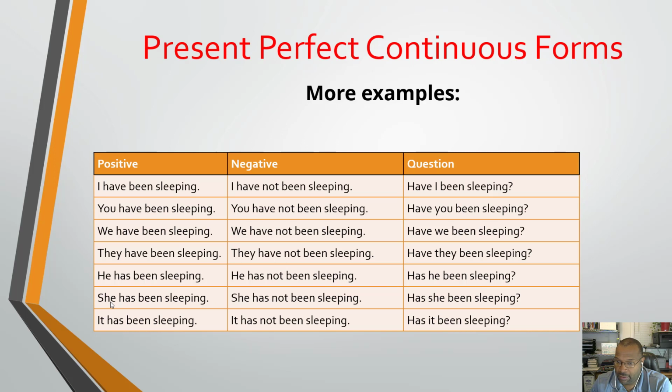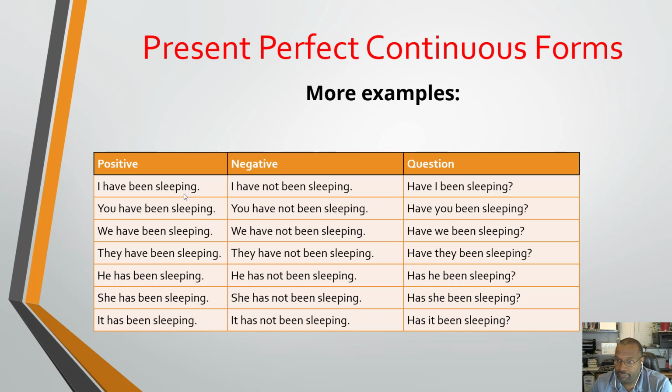Positive statement. She has been sleeping. Negative statement. She has not been sleeping. Question. Has she been sleeping? And then the last one, positive statement. It has been sleeping. Negative statement. It has not been sleeping. Question. Has it been sleeping?